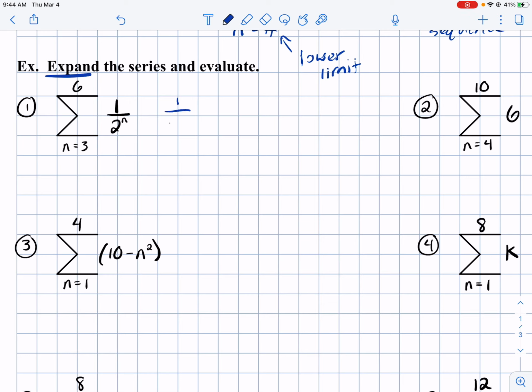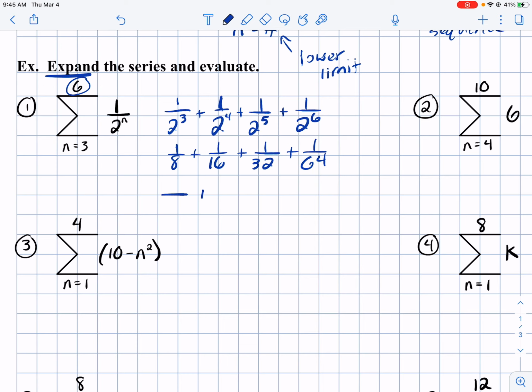Plug that in, we'd have 1 over 2 cubed, plus 1 over 2 to the 4th, plus 1 over 2 to the 5th, and finally plus 1 over 2 to the 6th, your upper limit. So we're adding 1/8 plus 1/16, 1/32, 1/64.